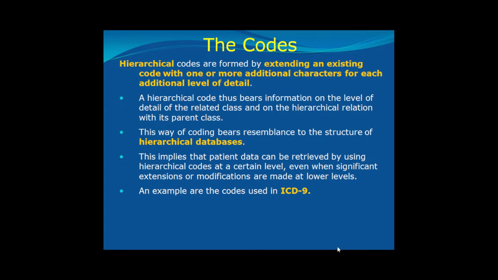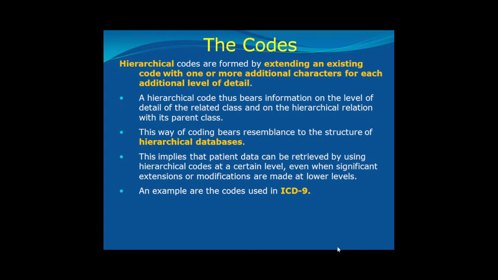Hierarchical codes are formed by extending an existing code with one or more additional characters for each additional level of detail. A hierarchical code thus builds information on the level of detail of the related class and on the hierarchical relation with its parent class.